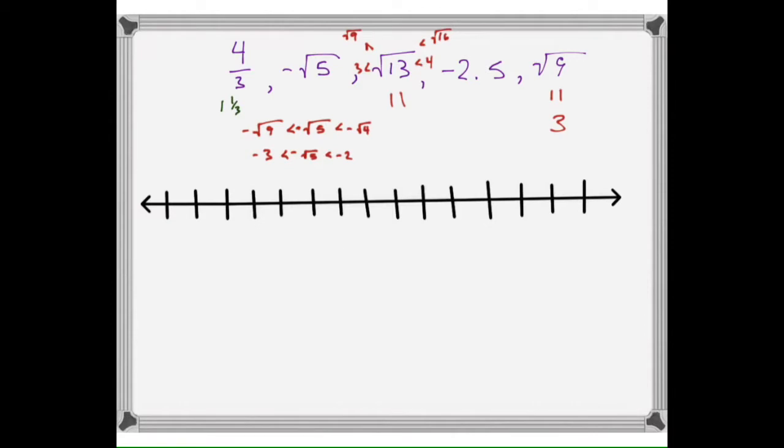So let's plot these on our number line. We'll start with the negative 2.5, which should be pretty easy. It's going to be right here, halfway between -2 and -3. And radical 9 should be pretty easy because that's equal to 3. So that's got to be there.